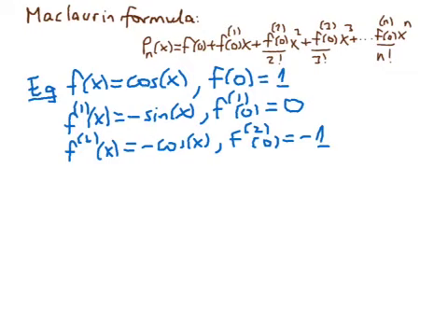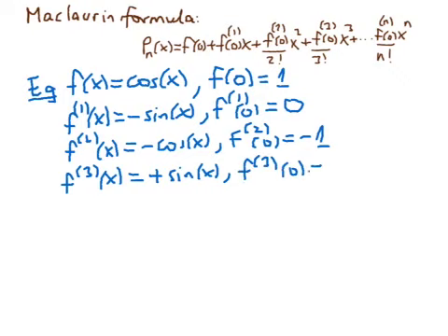We can carry on and calculate the third derivative. The third derivative is the derivative of the second derivative. So there's a minus sign here. The derivative of the cosine is minus sine, but multiplied by minus, it's going to give us plus. So we have plus the sine of x, and this evaluated at 0 vanishes, because the sine of 0 is 0.